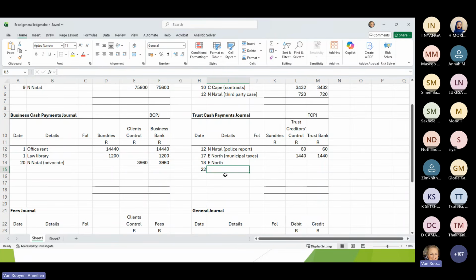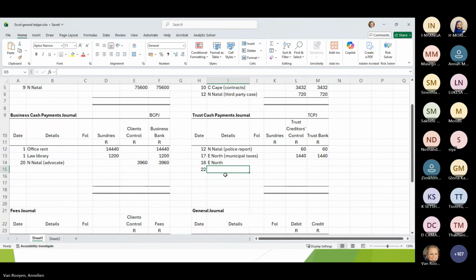It all depends if it's a payment or a receipt. You need to check the information. You are referring now to the transaction of the 20th, the pay advocate. Yes, ma'am. We pay him, so it must be a cash outflow, so it must be a cash payment.